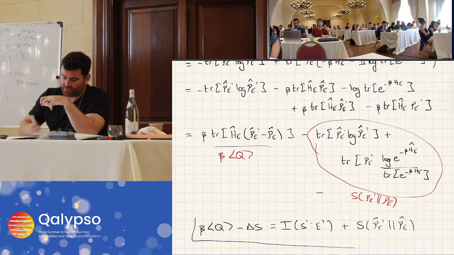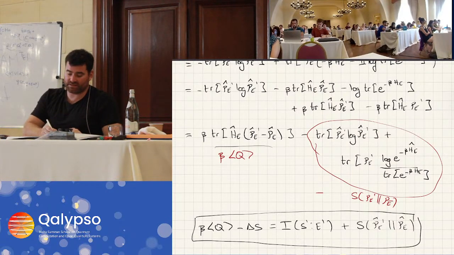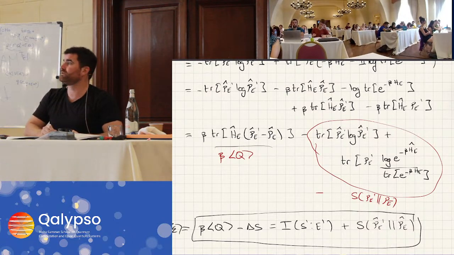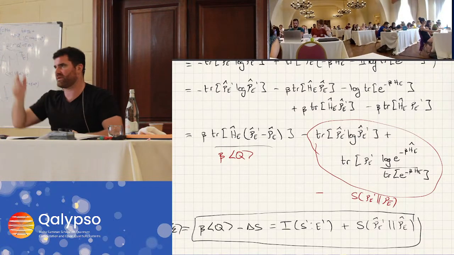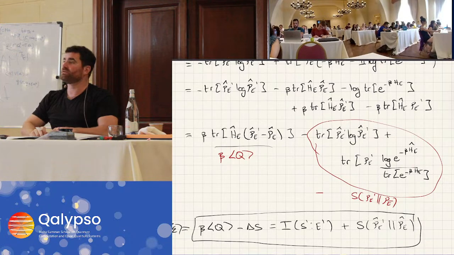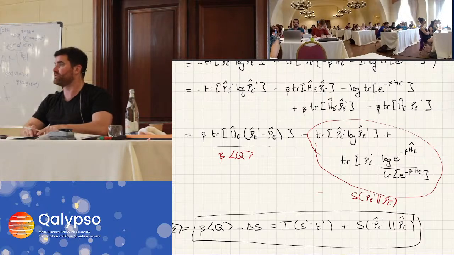This is important. So as you remember from the second law, this thing is the entropy production, right? Beta Q, the reversible heat exchange, minus the von Neumann entropy change, now with a different sign convention than what I used in the first part of the lecture, but doesn't matter, okay? It is equal to the mutual information, which is a relative entropy between rho_SE prime and rho_S rho_E, so it's positive, and another relative entropy term which describes the perturbation of the environment by its interaction with the system, which is also positive, right?